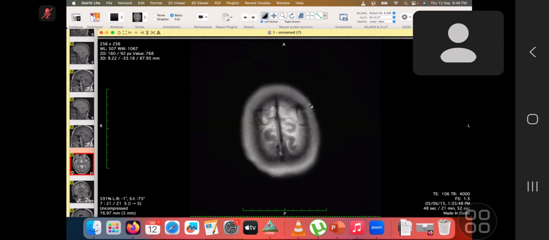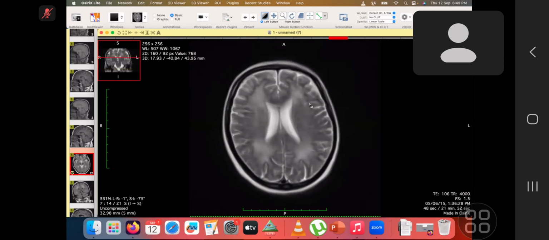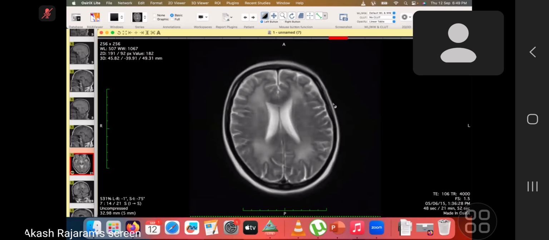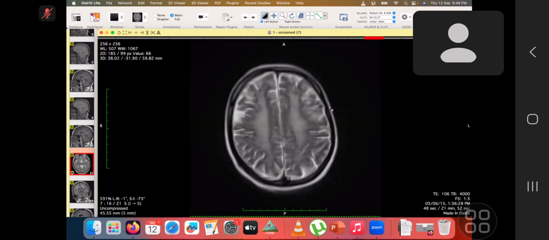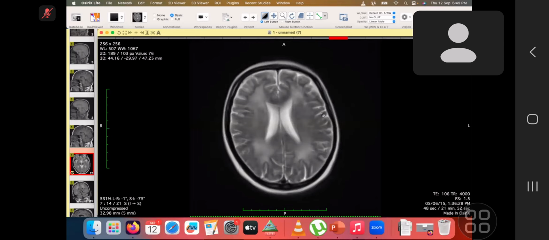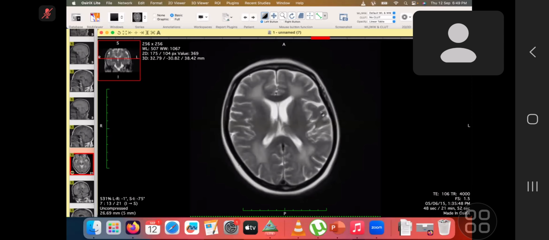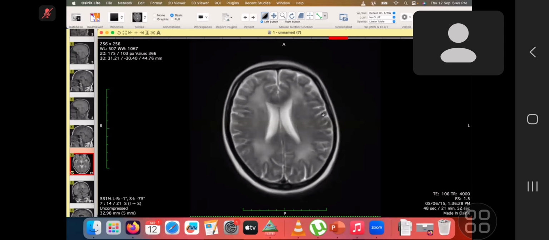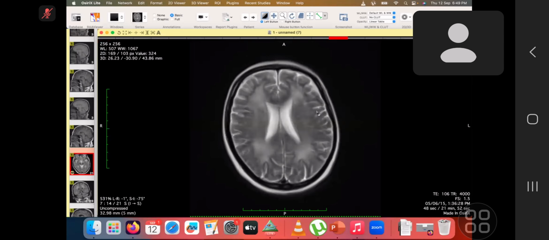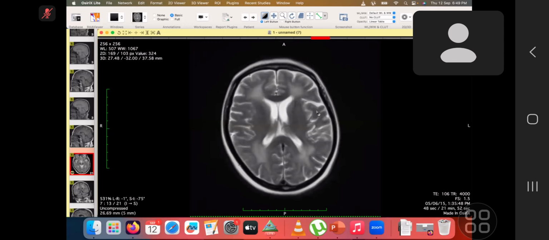On initial scroll through, there is quite symmetrical and homogeneous high T2 signal within bilateral white matter, the deep white matter of both lobes of the brain. This is symmetrical in nature, only involves the deep white matter and spares the U fibers, and there's no cortical involvement. It doesn't demonstrate any mass effect, and the ventricles are preserved, and there's no sulcal effacement either.